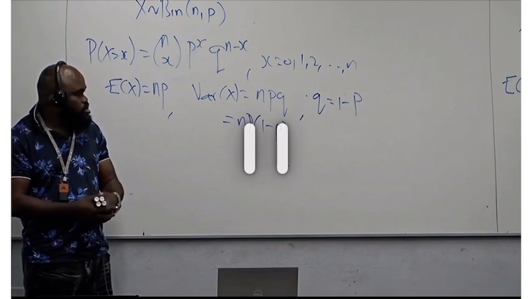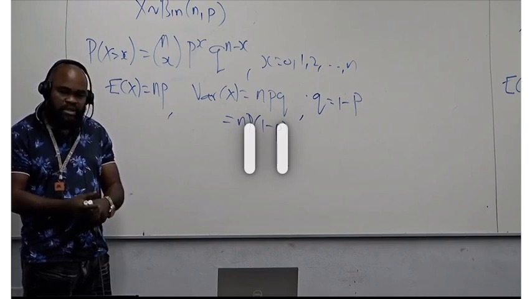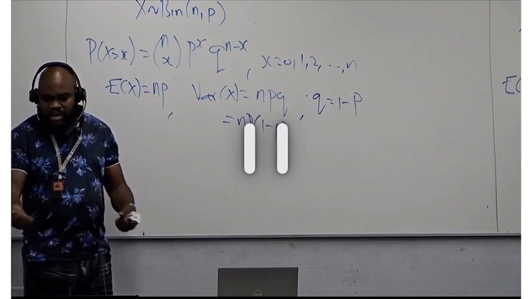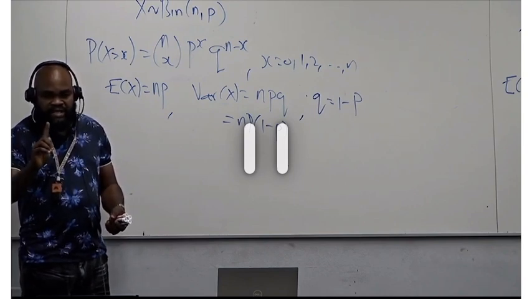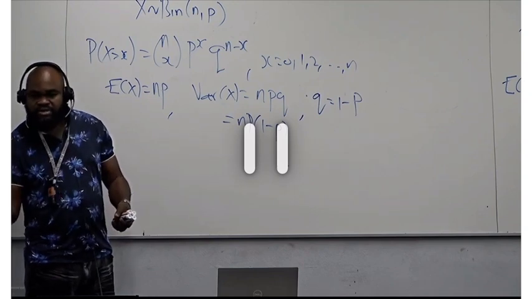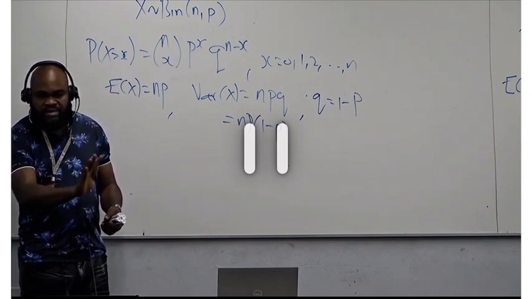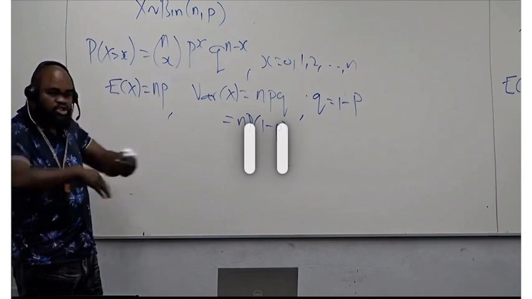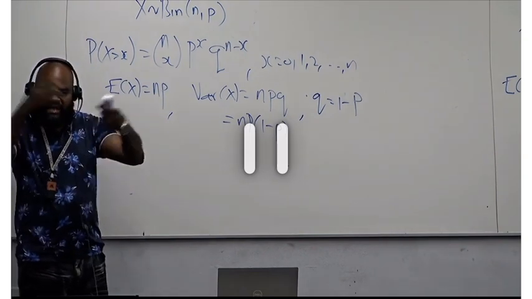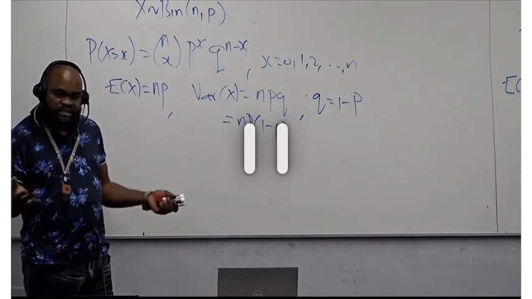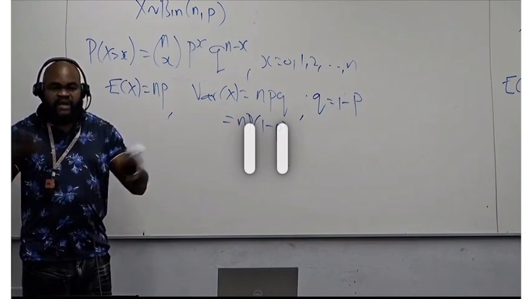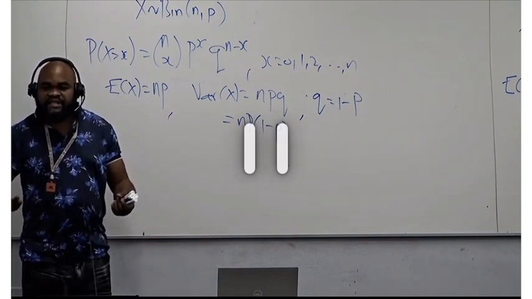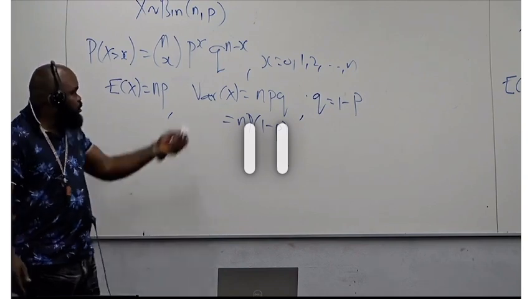Bernoulli means you only investigate one item. If I investigate one item for defects, it could be defective or not, because it's one item, that is Bernoulli. But for so many items investigated for defects, if I investigate 20 items, how many defective am I going to get? That will be binomial.